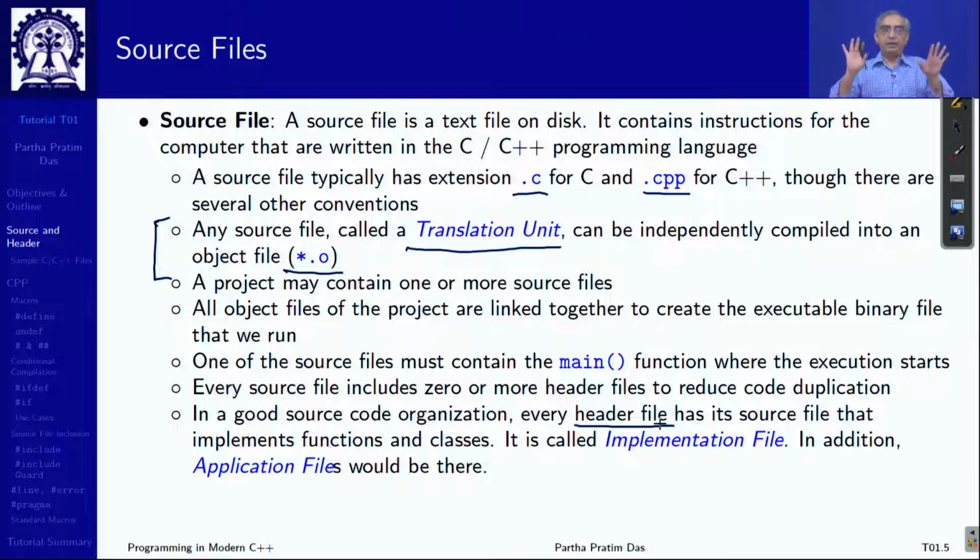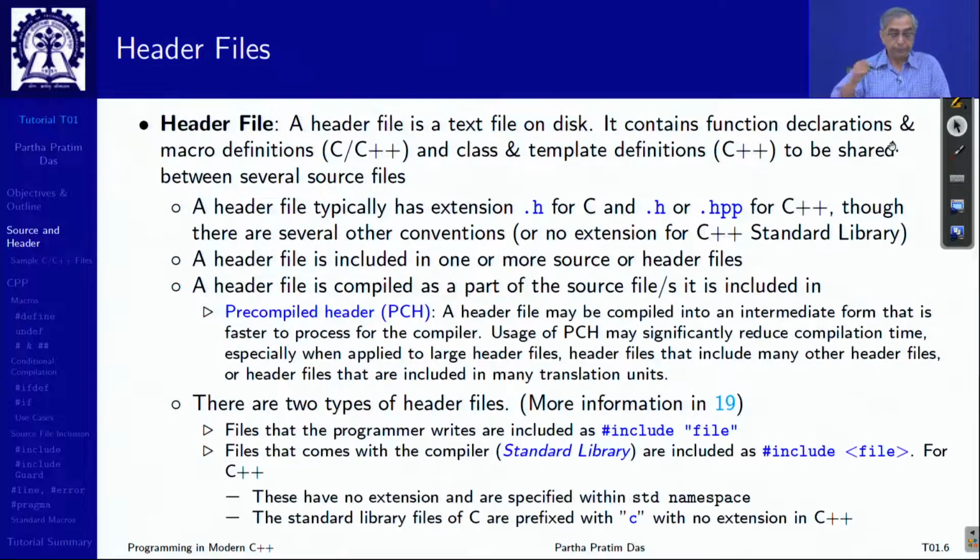That is the cleanest design. If I have complex.h, there has to be a complex.cpp. If I have point.h, there must be a point.cpp, like that. So that they can be independently compiled. These are called implementation files, and finally, you will have application files to do whatever application you are into.